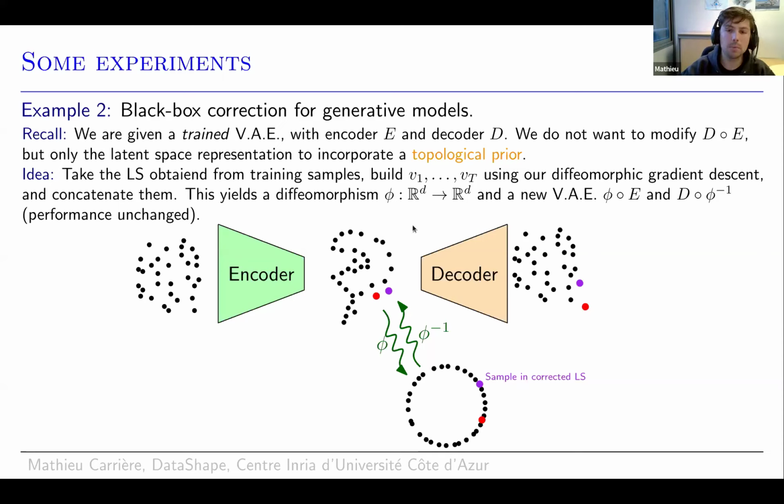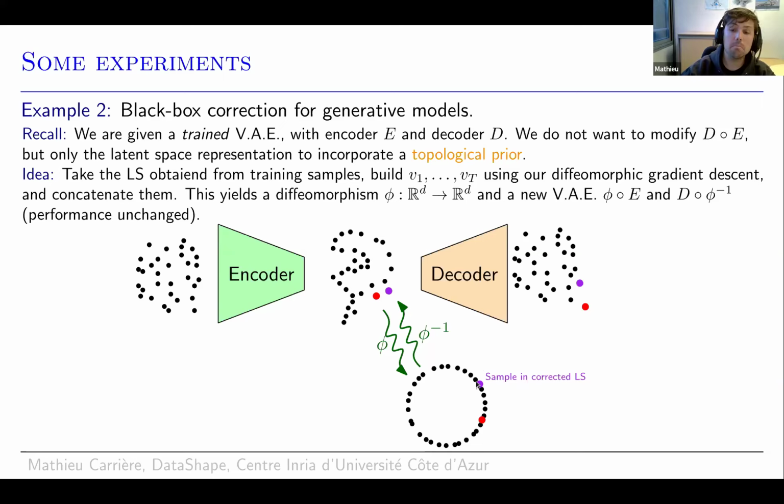I can take my black box model, get a latent space, and with some diffeomorphic interpolation, gradient descent, get to a circle. But even better, I can also revert that flow, and from the topologically optimized latent space, get back to the original space.